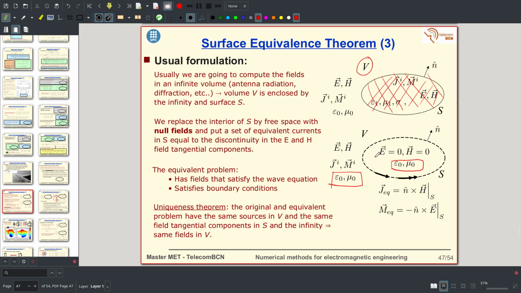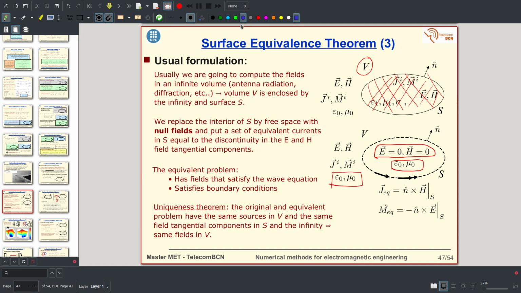Now we set in the inside of the object the total fields, electric and magnetic field, equal to 0. It is not necessarily that they are 0, they can be anything else, but it is much simpler if we set the fields to 0. Okay? And we want this equivalent problem to be a correct problem, a problem that agrees with Maxwell's equations.